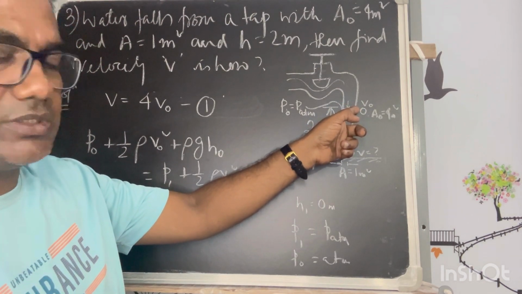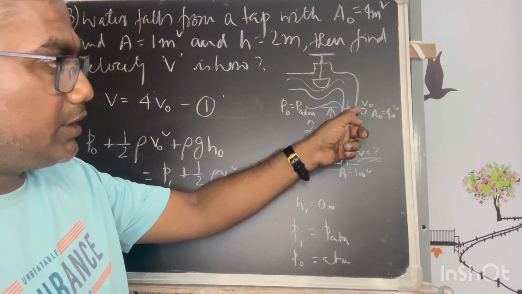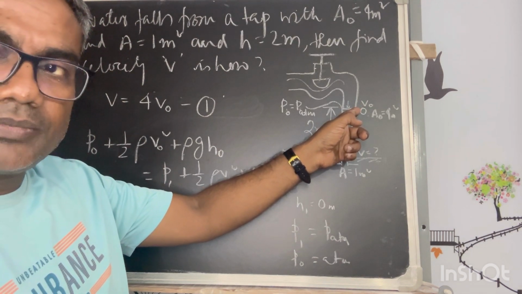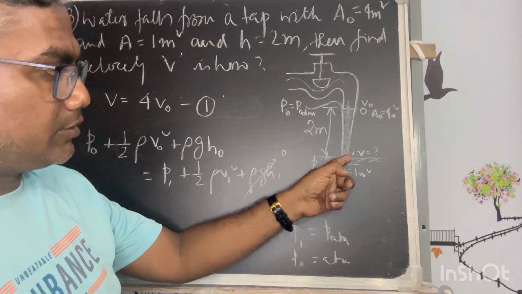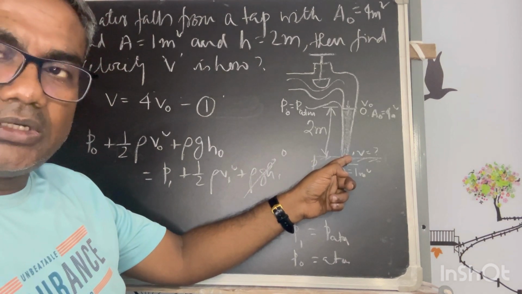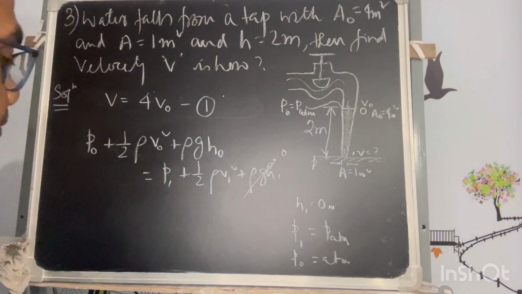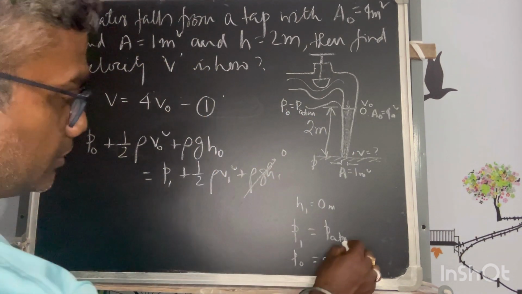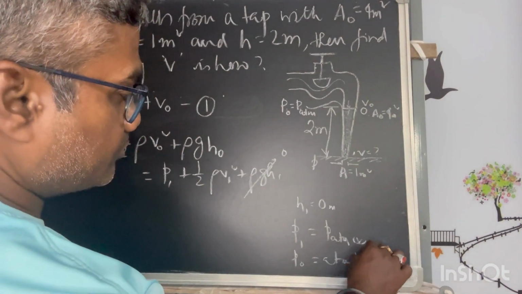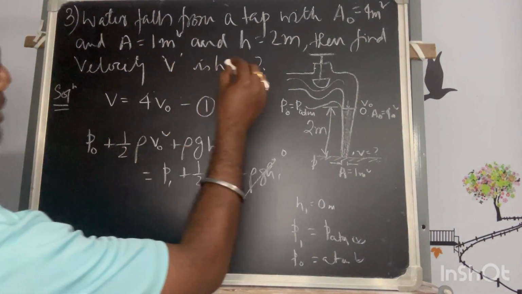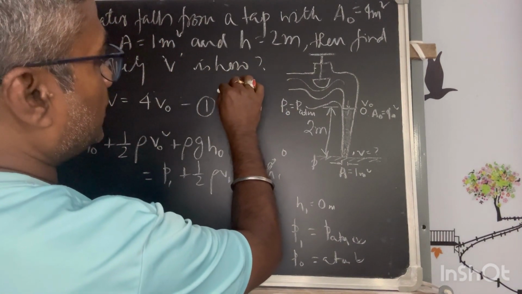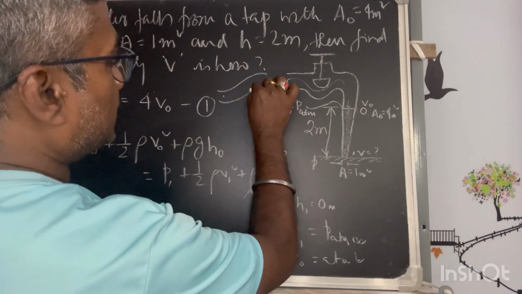If I say this part, the potential energy is high, kinetic energy is less. Here your potential energy is being reduced, kinetic energy is increasing. Understand? So P1 also the atmospheric pressure.